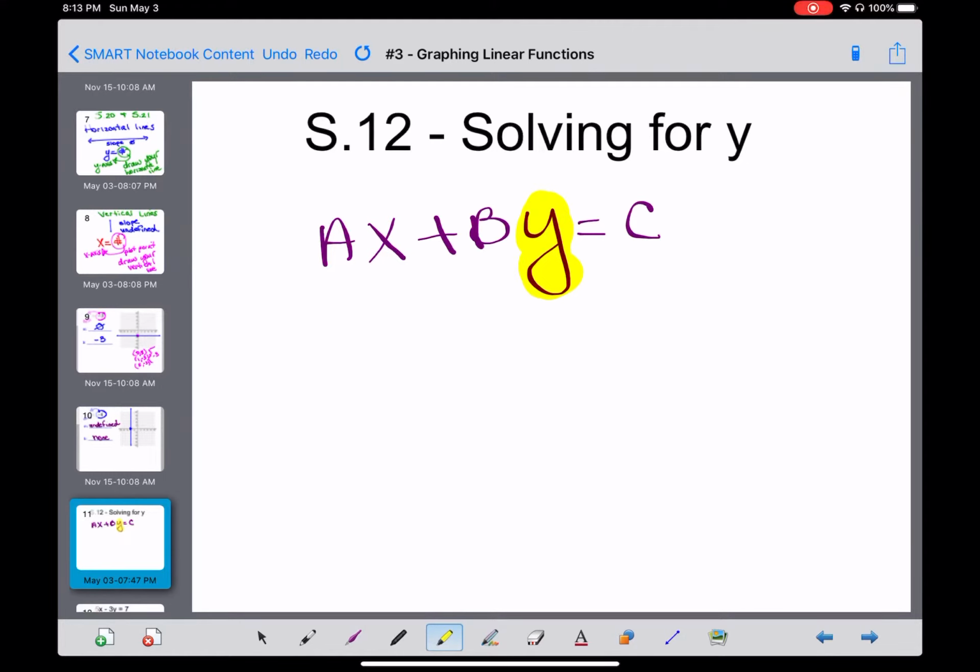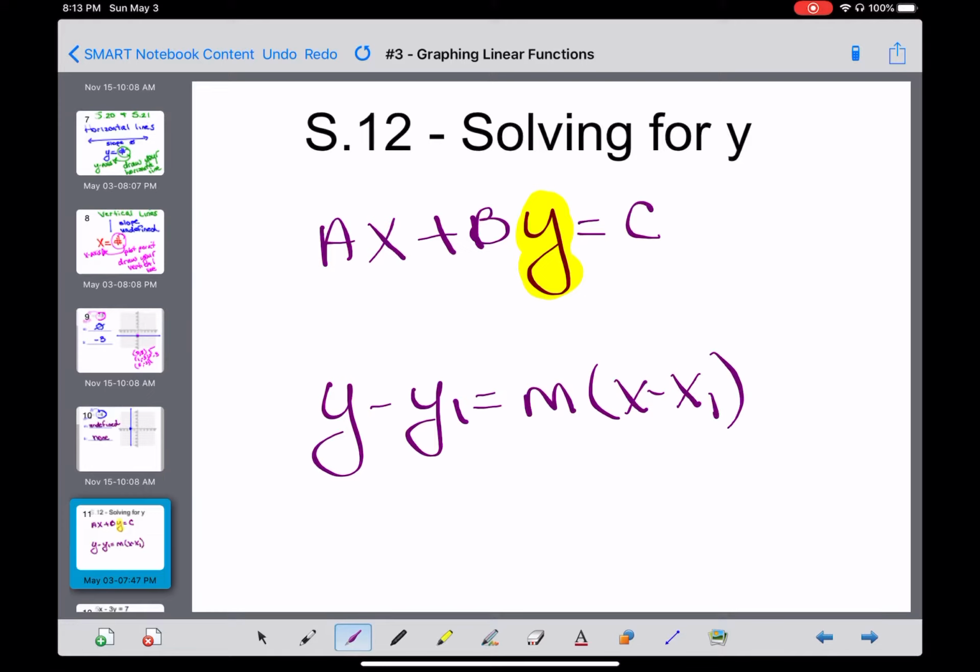Or you're probably seeing this: y minus y1 equals m(x minus x1). And this is your point-slope form. And in this case, this is the only thing that I need to stay. Okay, so let's do some examples and figure out how to work these type of problems.